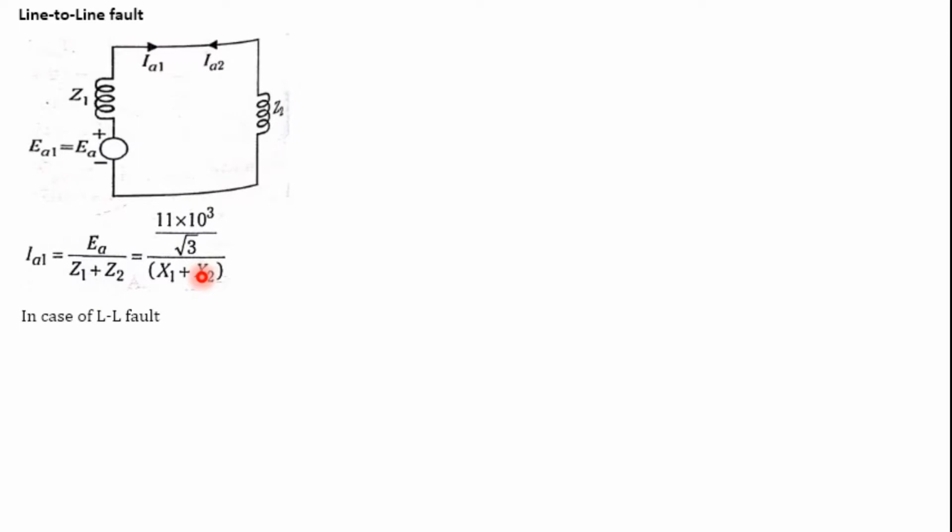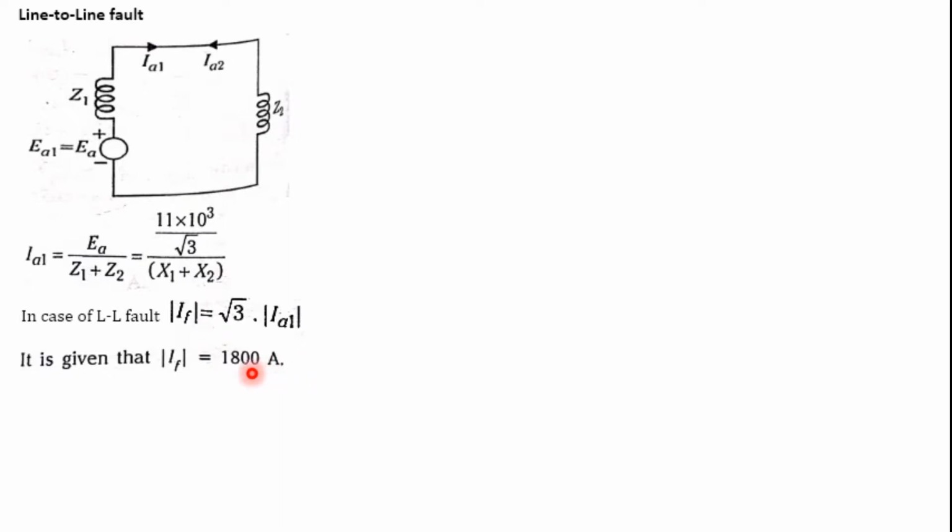For the line to line fault, this is important, this is what we need to remember: IF is equal to root 3 times IA1. This is the expression for the fault current. Also, it is given in the problem that the fault current for line to line is 1800 amperes.